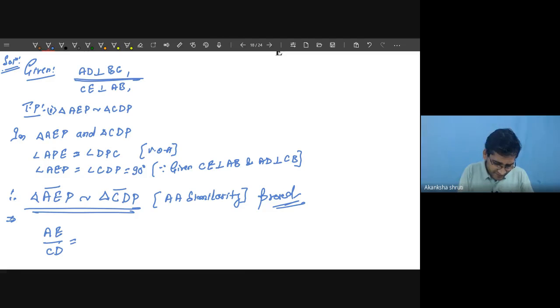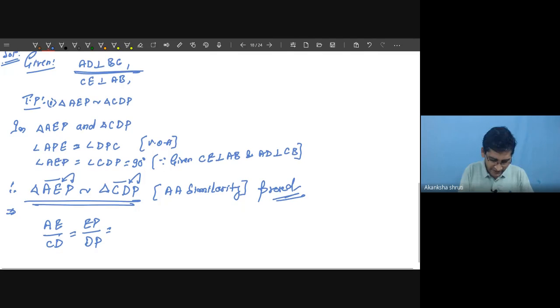Then let us take EP. Corresponding to this is our DP. So EP will come first in the numerator, DP. The next one is the remaining vertex, which is our AP, and in this case, I need to take CP, means leaving the D. So AP by CP.